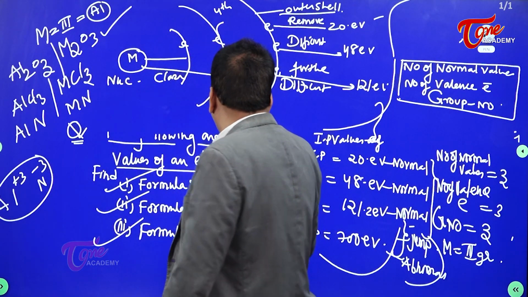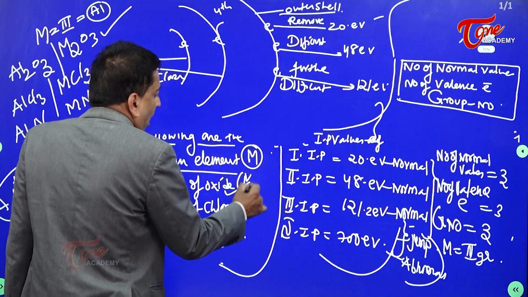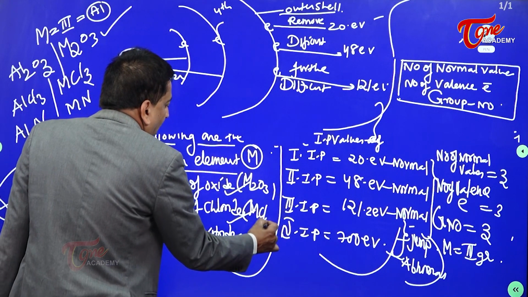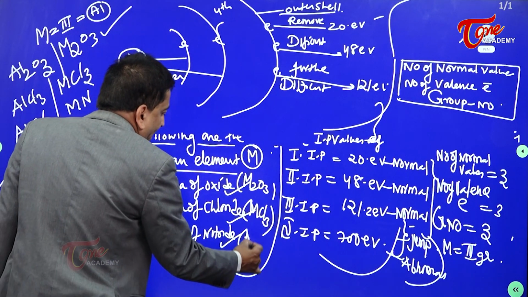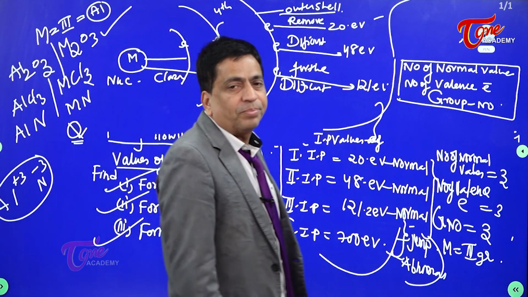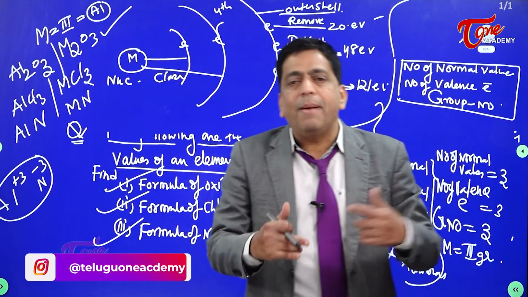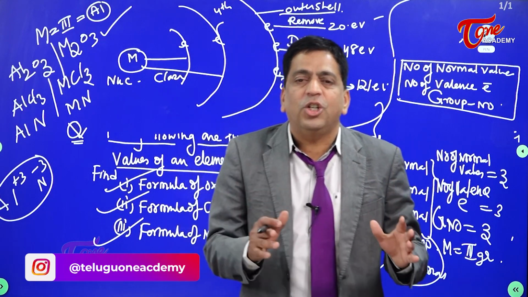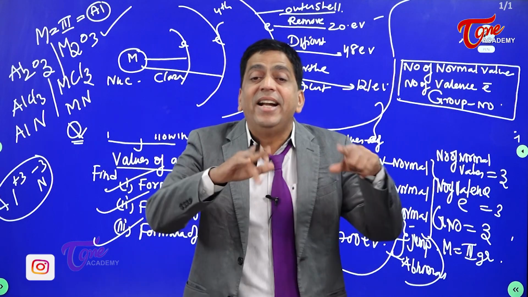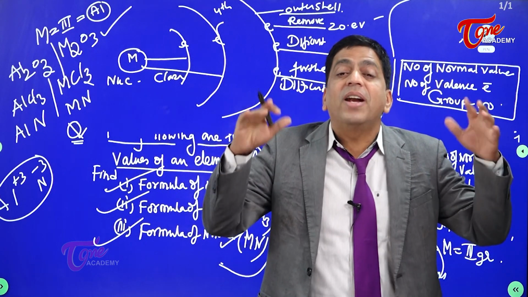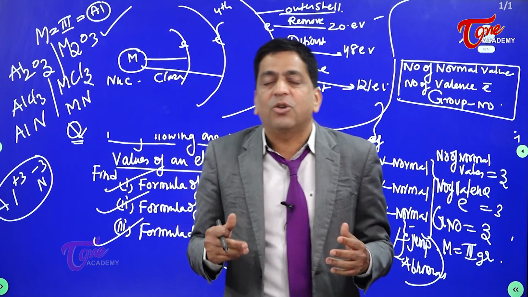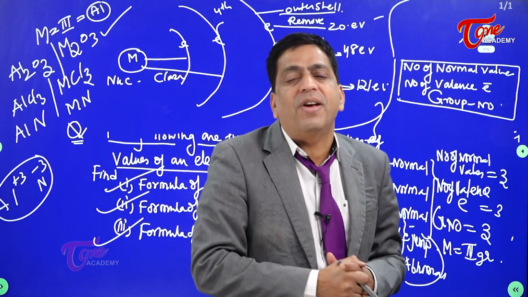So the answer for oxide is M2O3, for chloride MCl3, and this is MN. You must understand that. So what I mean is the ionization potential values are indicative of the number of valence electrons, that is, the number of electrons present in the outermost shell of an atom.